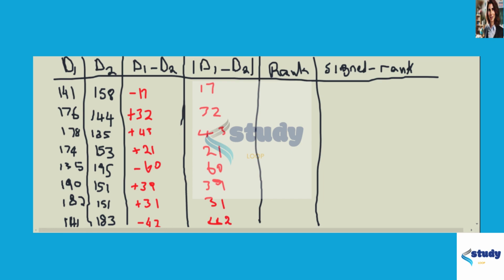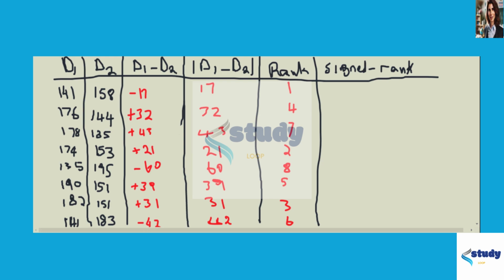Then the rank for this difference from the lowest value is 1, 2, 3, 4, 5, 6, 7, and 8.